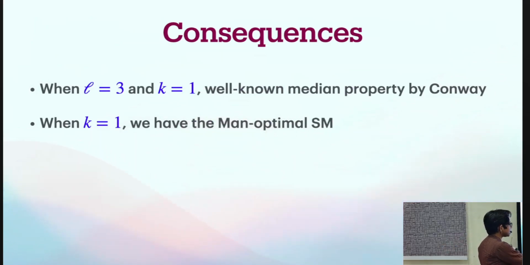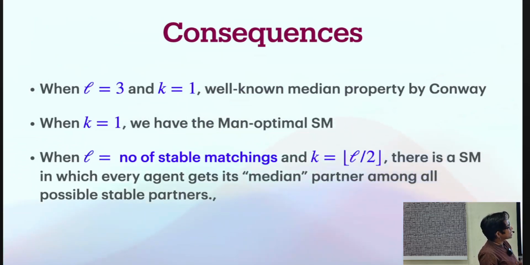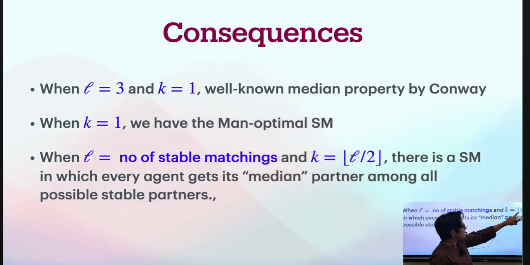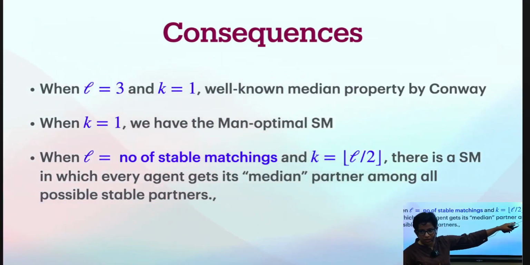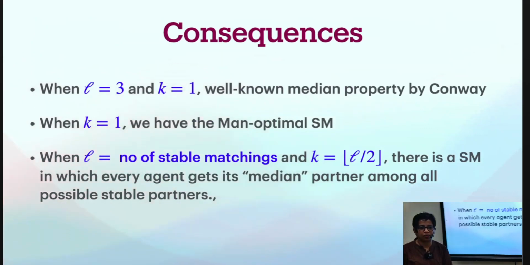That corresponds to literally the first interval among the L intervals, 1 by Lth, that position. When L is the number of stable matchings and this is odd, then setting k to be the middle value gives you the middlemost stable matching.